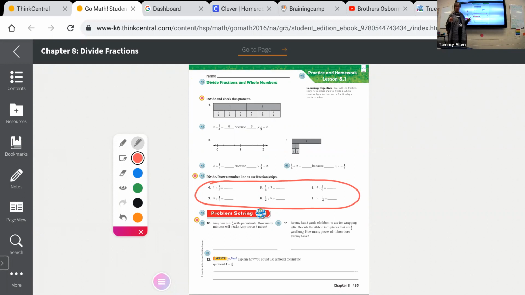Does that make sense? Okay. Questions on that? What's the nine? Can we do like the box method? No.